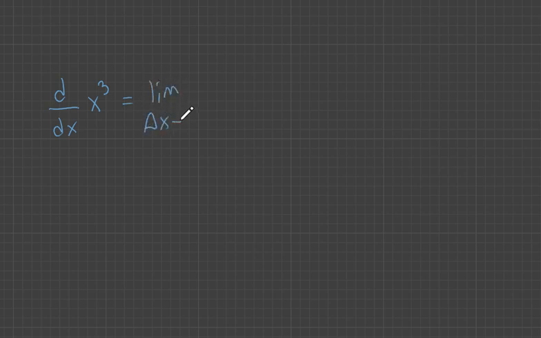And the very last one I'm going to go over is the derivative of x cubed. And that equals, like we said before, the limit as delta x goes to 0 of f of x plus delta x minus f of x over delta x.